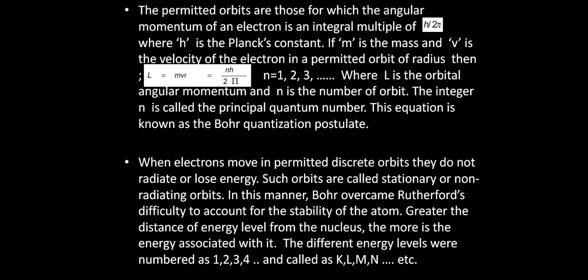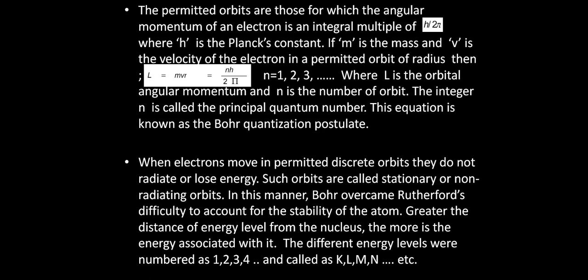It does not change when they are revolving around that particular orbit. In this manner, Bohr overcame Rutherford's difficulty to account for the stability of atom. That is what Rutherford failed to explain, why an electron revolving in an orbit does not lose any energy.